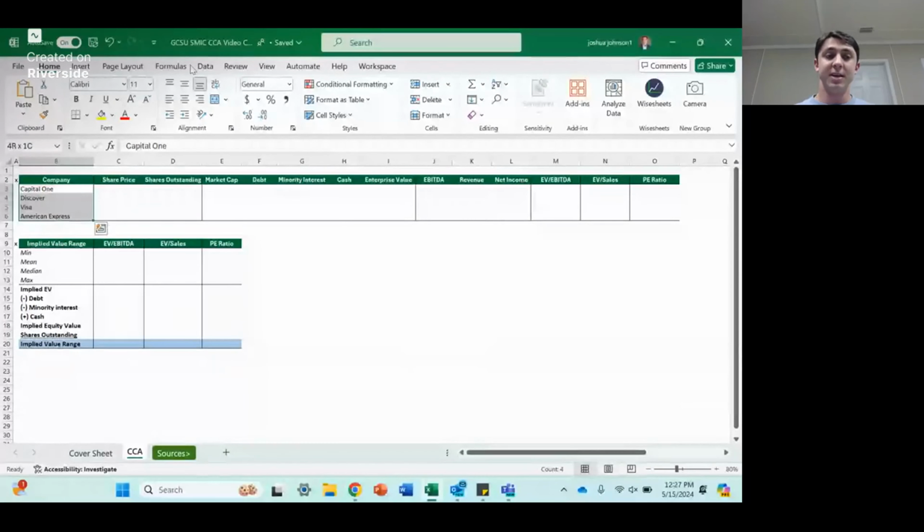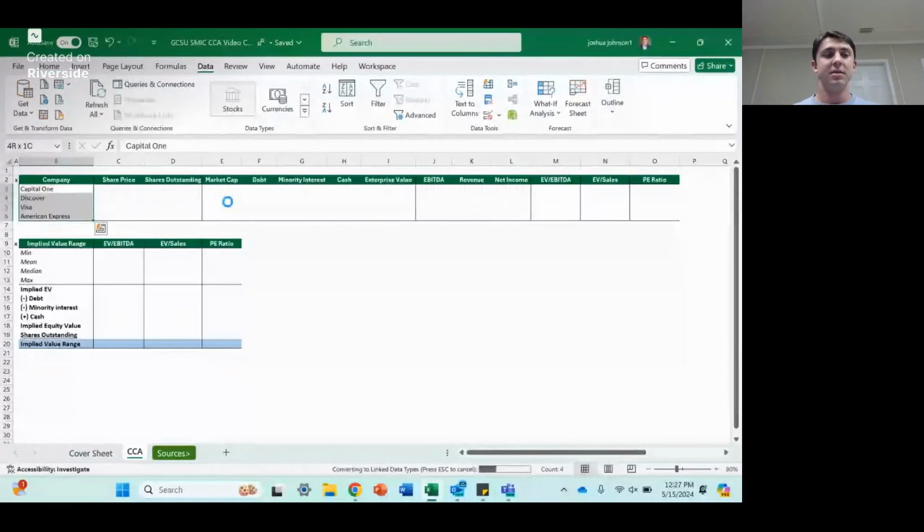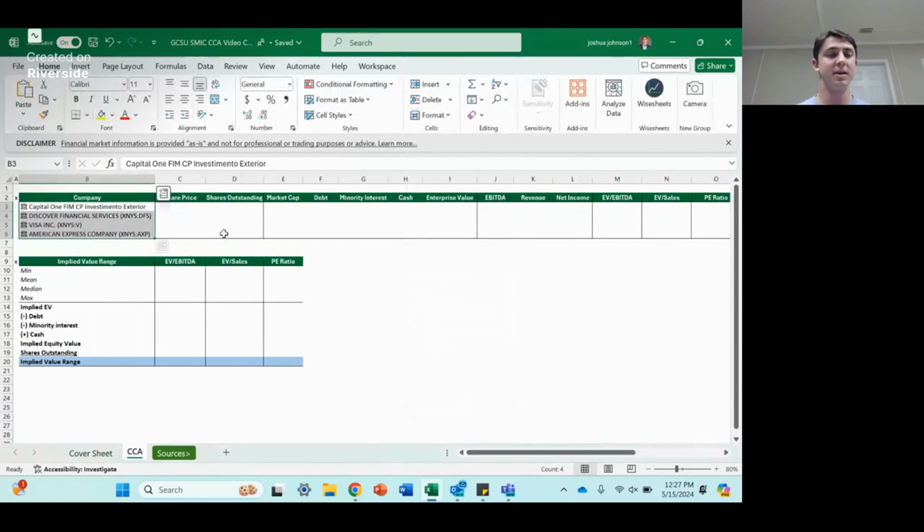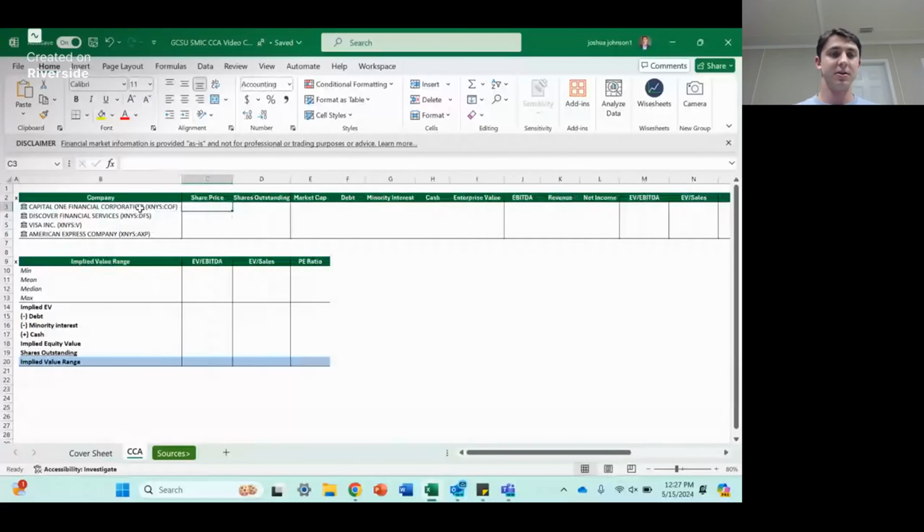And actually, a trick in Excel that you can use is you click on those, and then you go to Data. You can click on the Stocks function, and what that will do, if it will load, is turn each one of those companies that you put right there into a stock with its stock ticker, to where you can pull information, right?